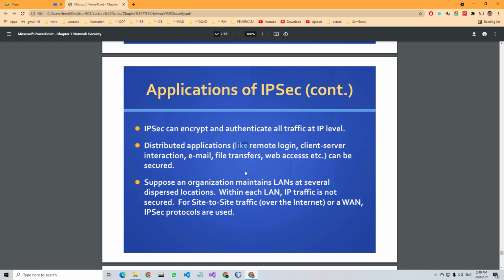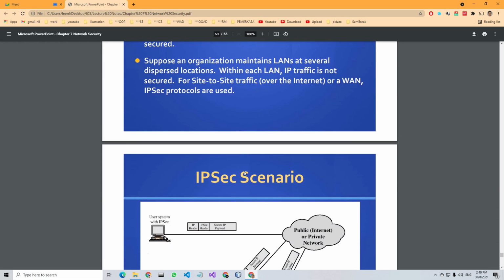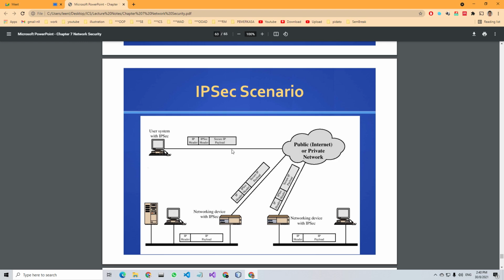Okay, here shows an IP security scenario. To summarize, IP security, IP means internet protocol, right? It's a group of protocols that are used together to set up an encrypted connection between devices. So it helps to keep all the data sent over a public network secure.